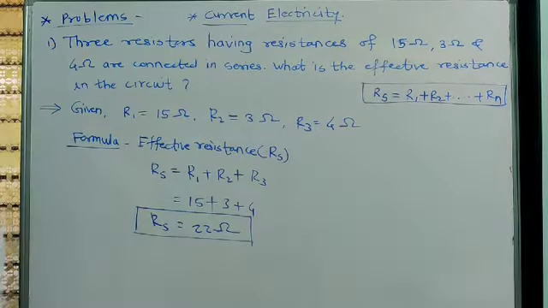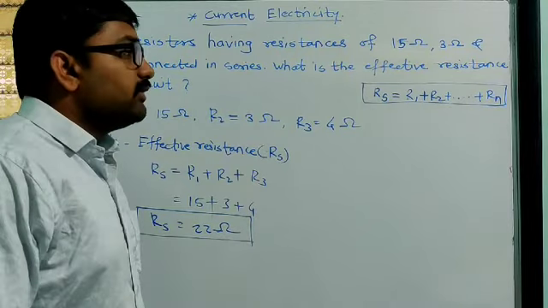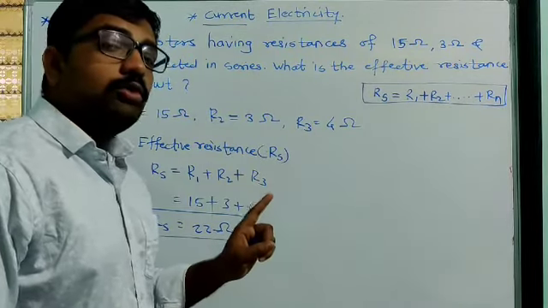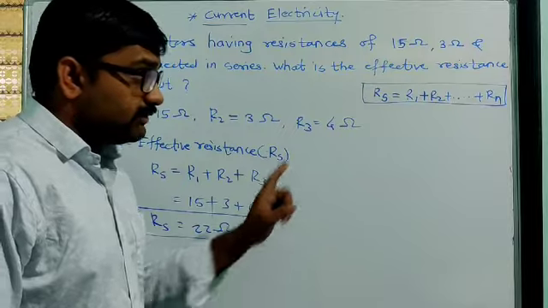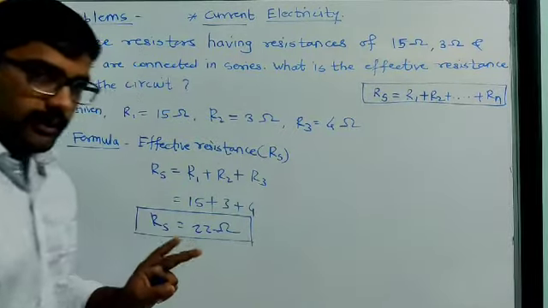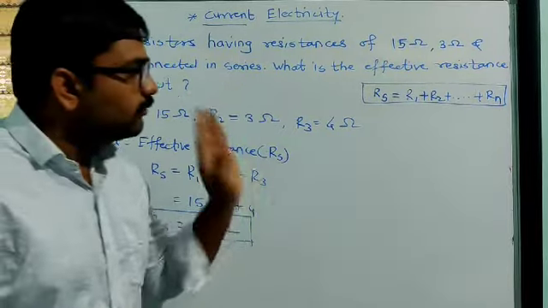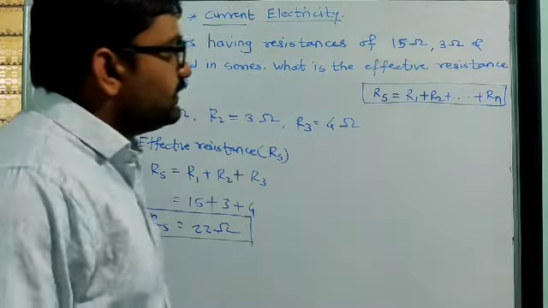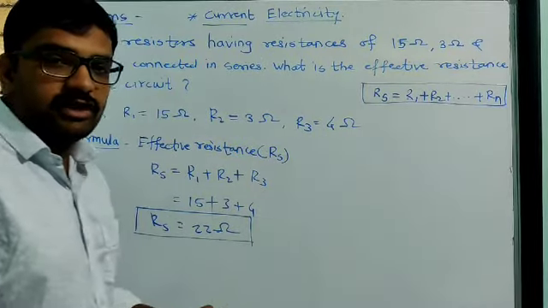So RS will be equal to R1 plus R2 plus up to Rn, the resistance of the nth resistor. In such a way we can calculate their equivalent resistance in a series connection.